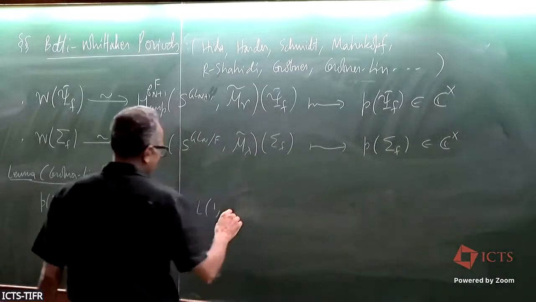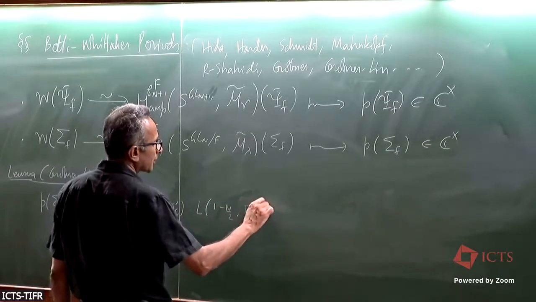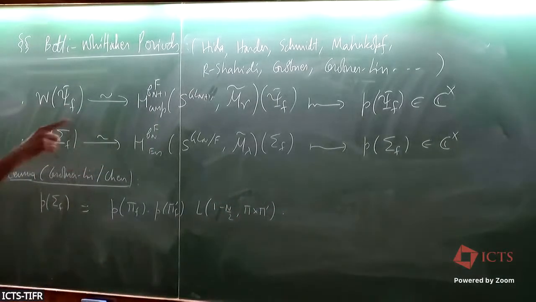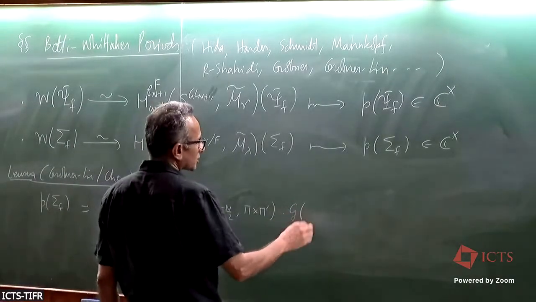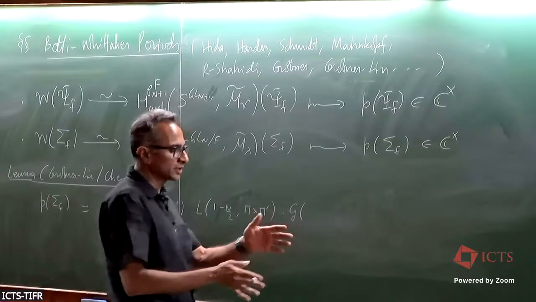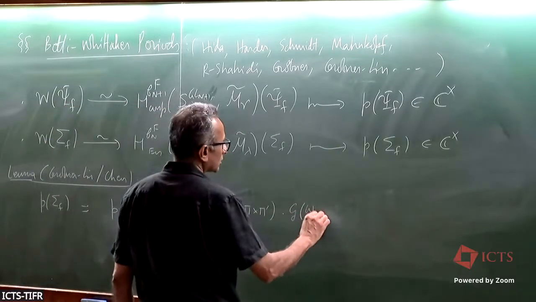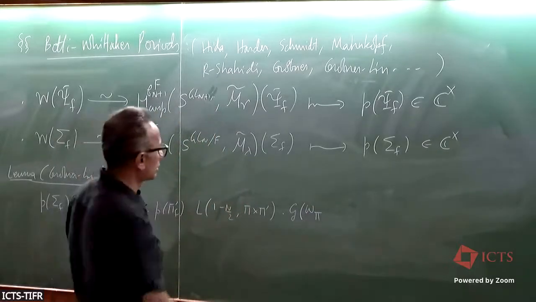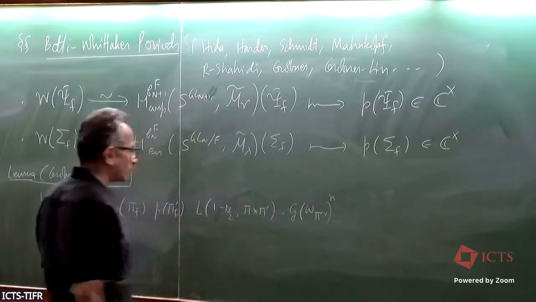So that becomes L at 1 minus n by 2 of pi cross pi prime, which is why I dualized the pi prime check over there, and times some Gauss sums. This Gauss sum is the discrepancy between induction of Whittaker models and the Whittaker model of the induction. Gauss sum of the second one, the central character of the second one raised to the n of the first GLN.